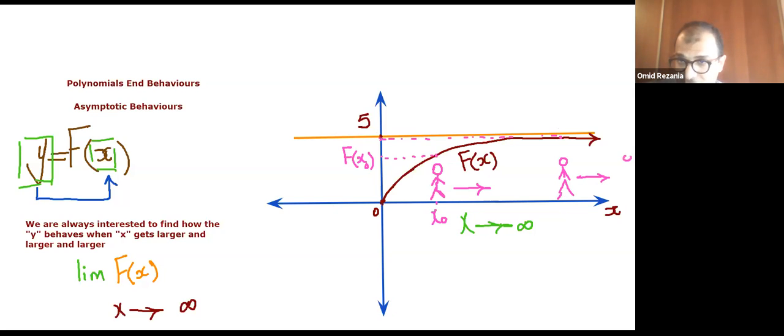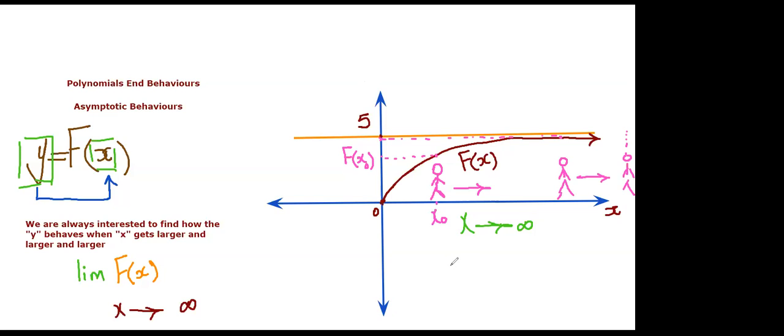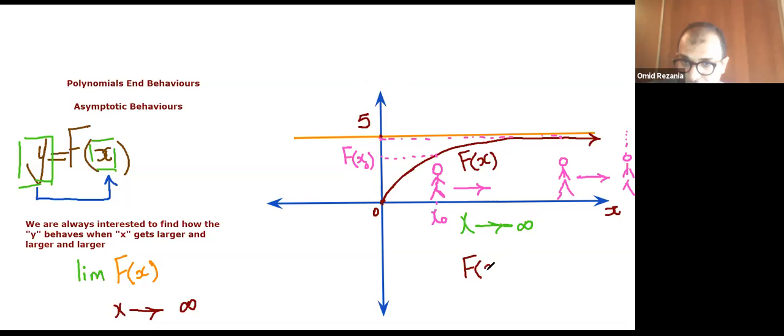I go all the way down there. Still, I look up. I see again, I'm getting close to 5. You see that, guys? Everyone sees that? Yes. That's right. Then we see the end behavior of the function f of x.